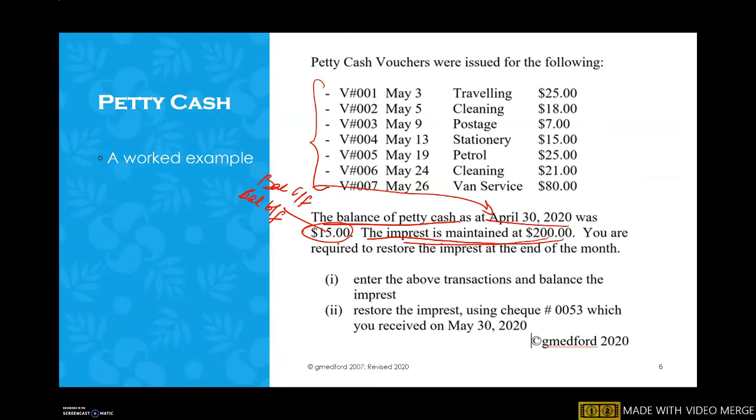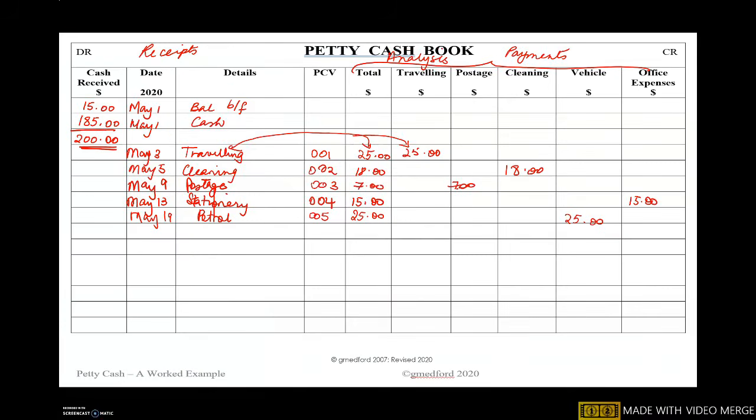May 24th, cleaning, $21. Voucher number 6. Corresponding column would be our cleaning column.